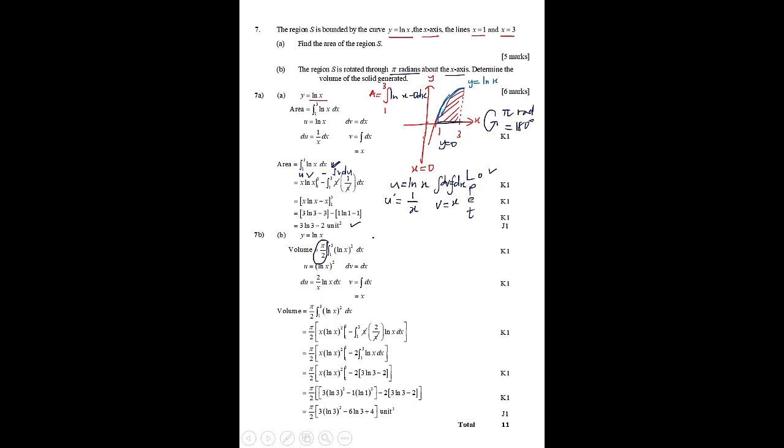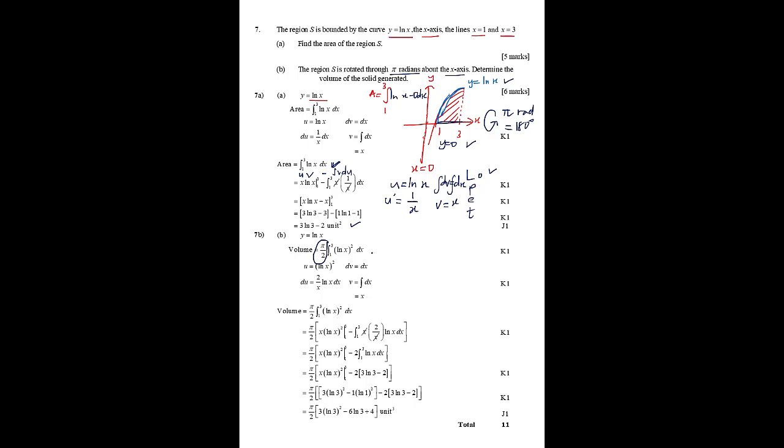So you need to divide pi by 2. The formula is the outer function squared minus the inner function squared. Your outer function is your function ln x, and your inner function is the x-axis, so y equal to 0.